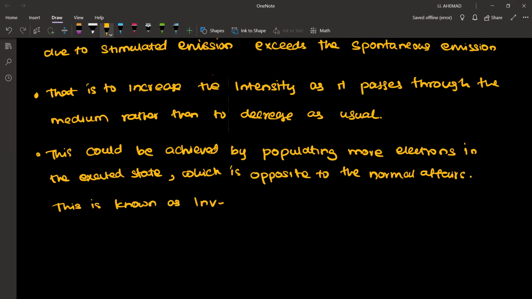This is known as inverted population. If you want to have more stimulated emission, we have to do this. And when this is done, we call that inverted population.